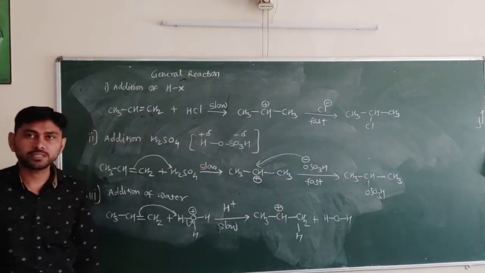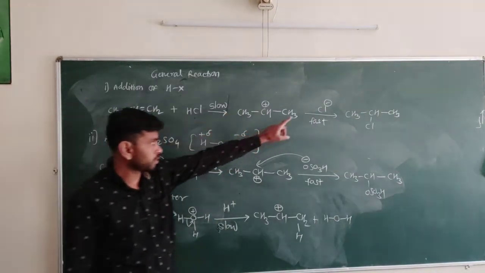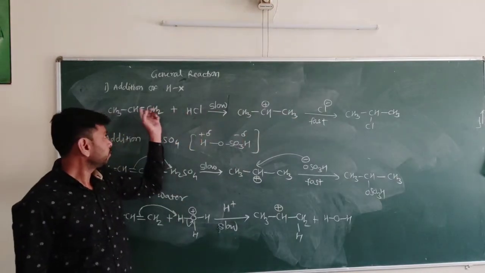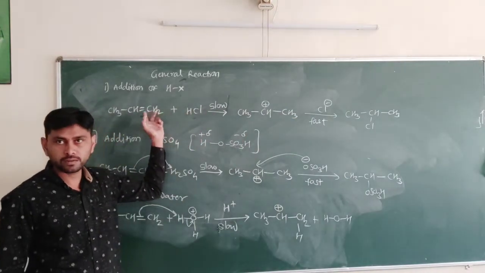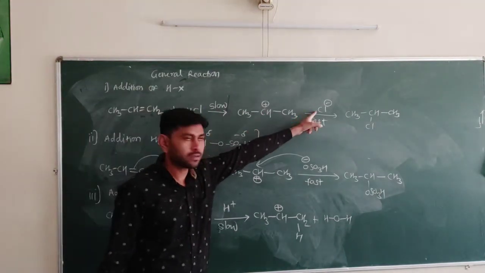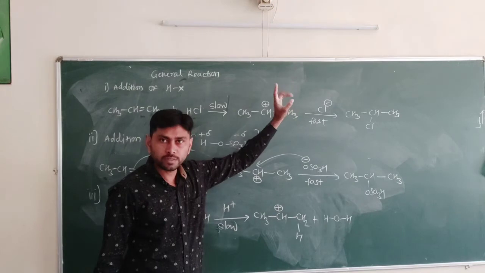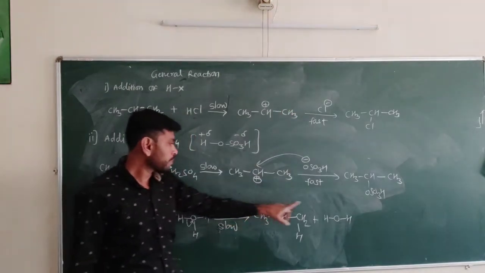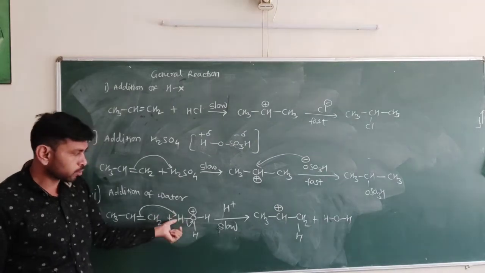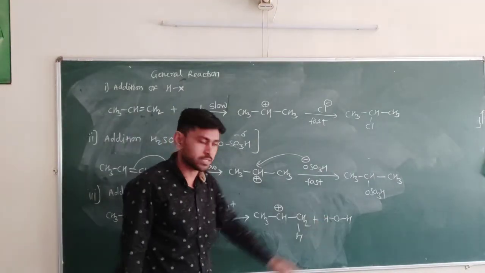In the next step, this neutral species is obtained. I told in the last reaction that it is not always that when the double bond accepts protons, a negatively charged species is formed. Sometimes a neutral species may be obtained. Here, by accepting proton we obtain a neutral species.